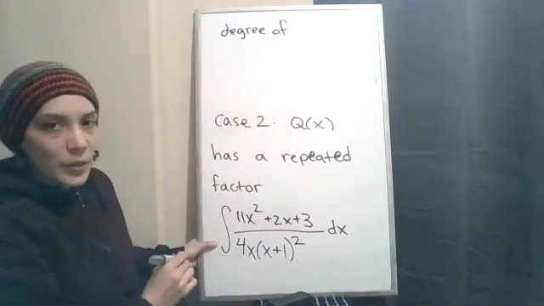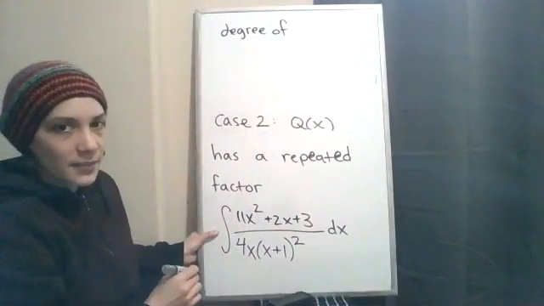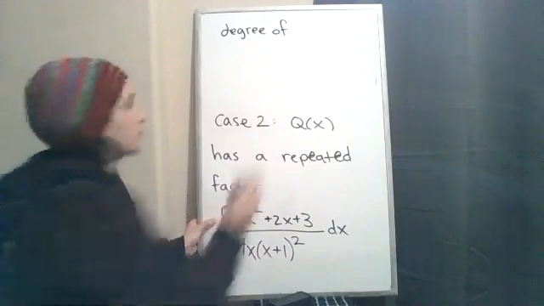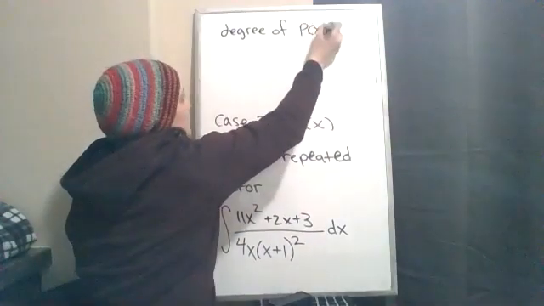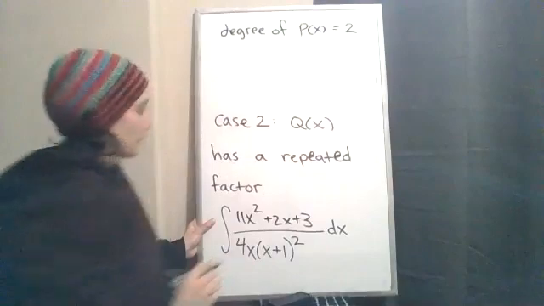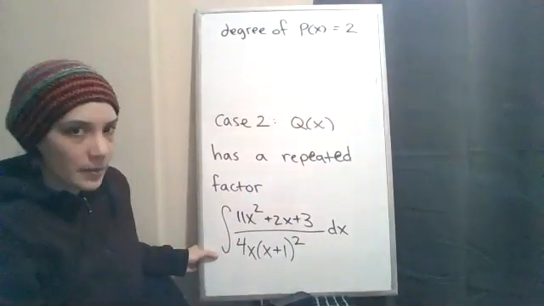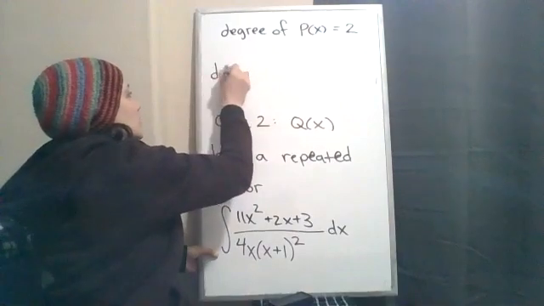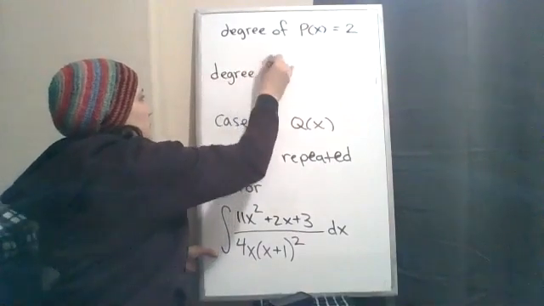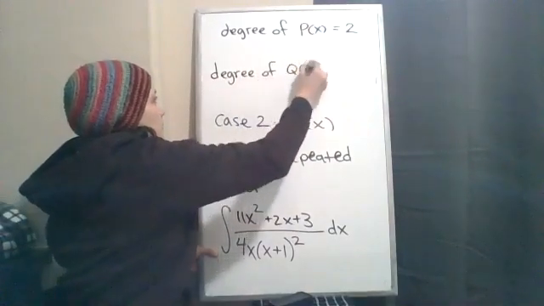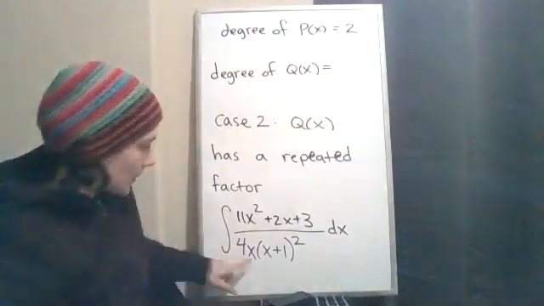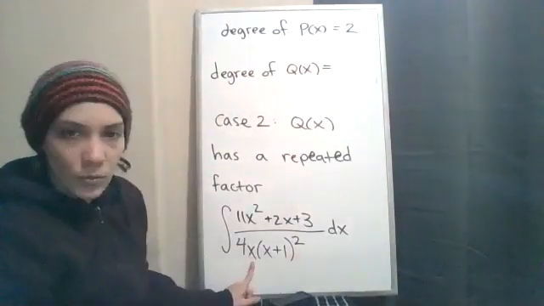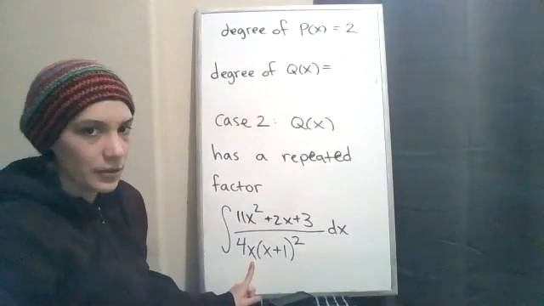Okay, the degree of the numerator, which I'm going to call p of x, is 2. The degree of the denominator, which we're calling q of x, is, multiply everything out, degree 3.